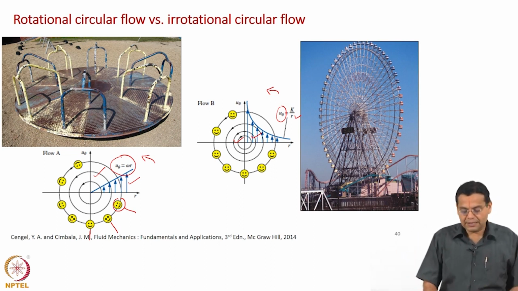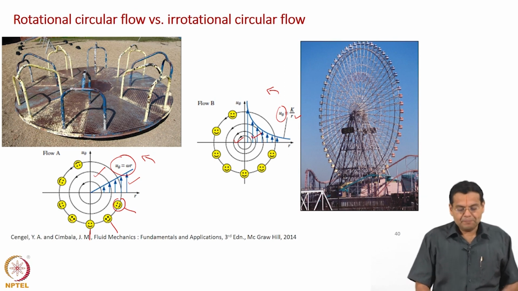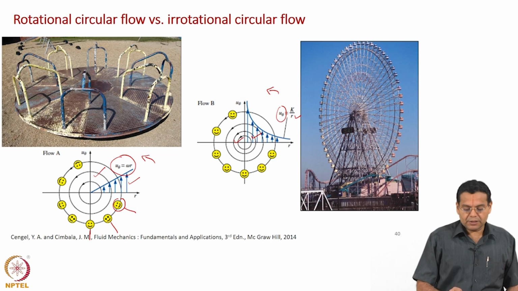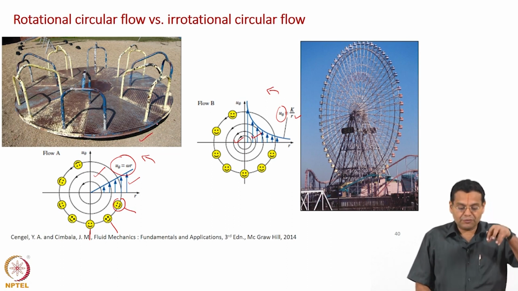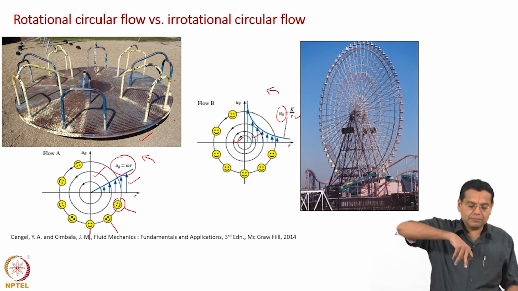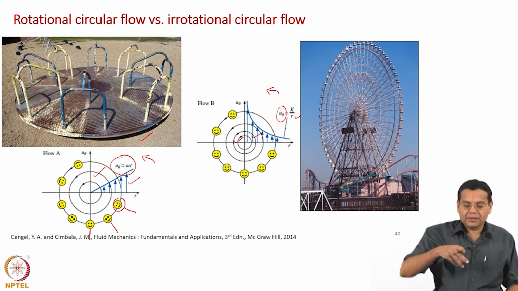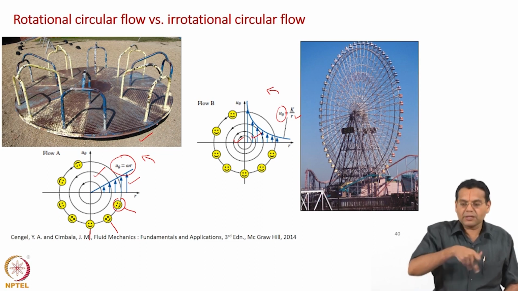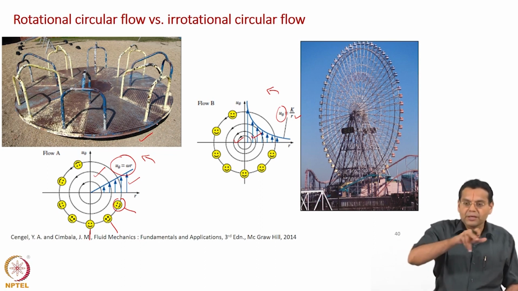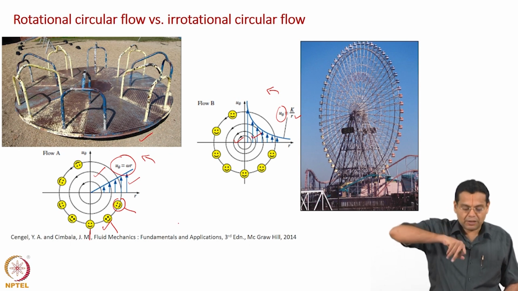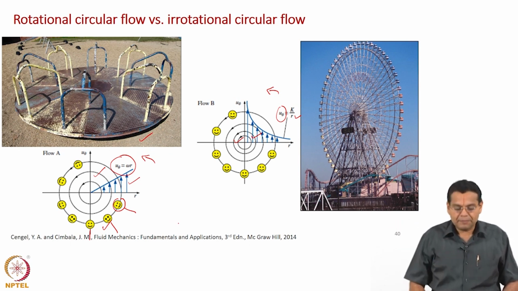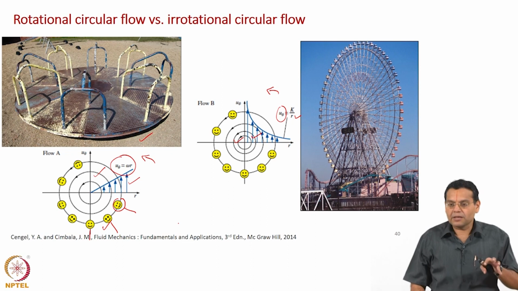To give a nice example, as this book does, what is shown here is a roundabout, which children play on, and if you look from the top view you can see them rotating along with the roundabout. They undergo a rigid body rotation, just like the smileys here, which undergo rigid body rotation, and so this is a rotational circular flow.